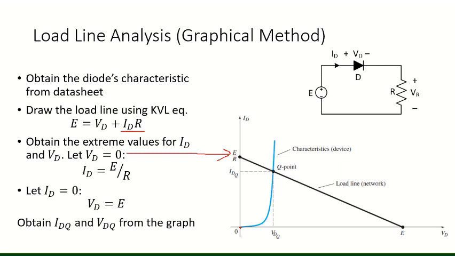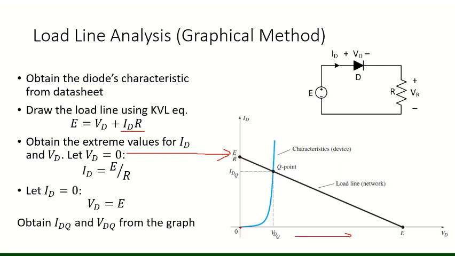Now apply the same approach on equation number 1, that E is equal to VD plus IDR, but let ID be equal to 0, meaning the vertical value is equal to 0, then we only have the horizontal values.